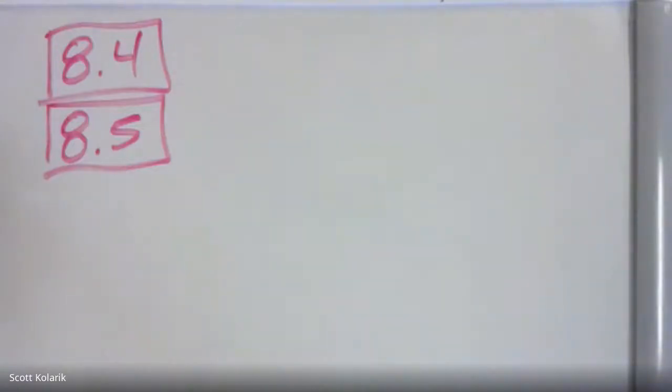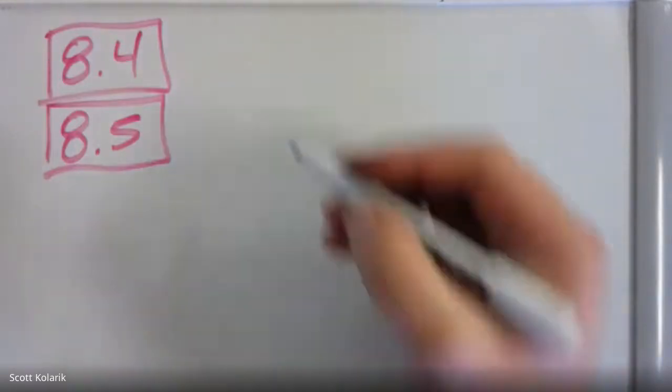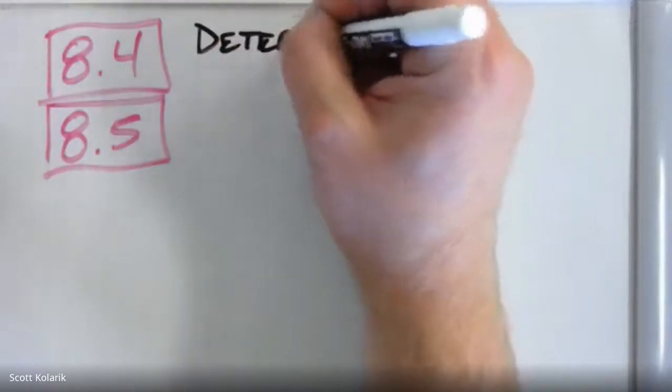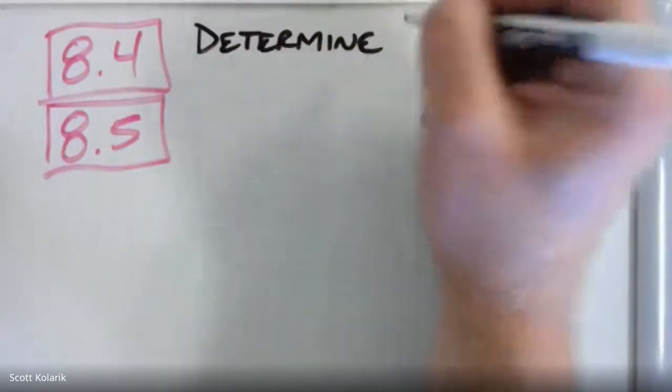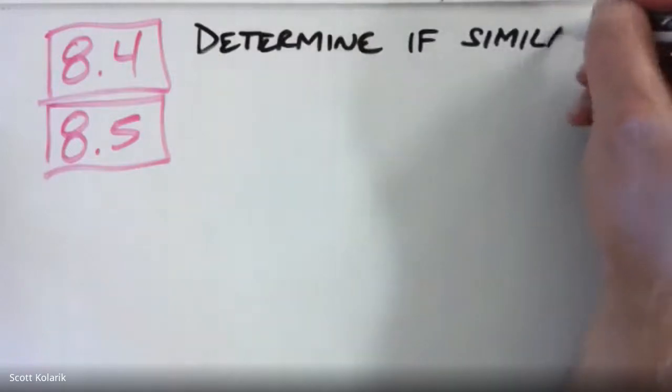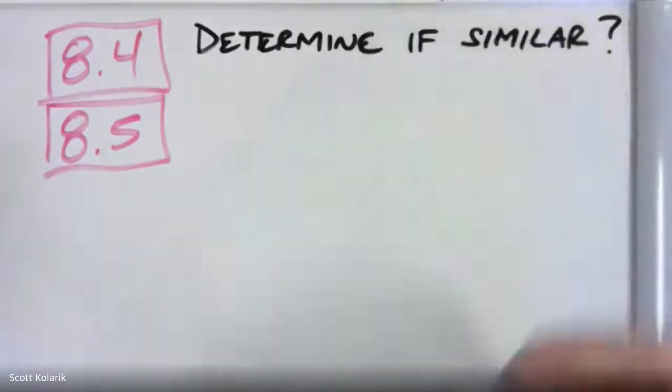But here's where I'll remind you of these questions. This is actually based on a question that we had in section 5, where we first had to determine if two given triangles were similar. So first thing I need to do is determine if two given triangles are similar.